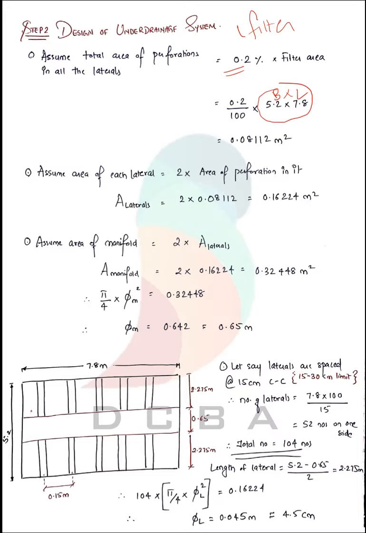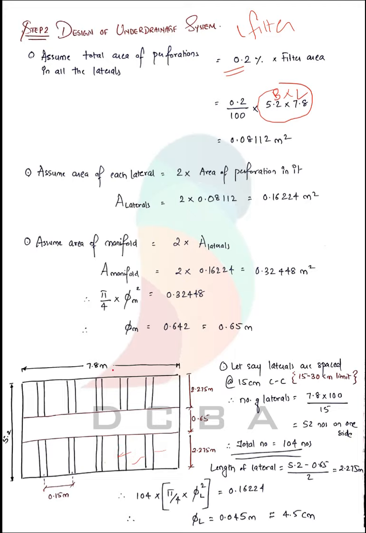Since we are assuming the spacing between two laterals to be 15 centimeters or 0.15 meters, and the total length of your filter is 7.8 meters, so 7.8 into 100, converting this into centimeter, divide by 15, you get 52 numbers on one side. So 52 numbers of laterals only on one side, right?